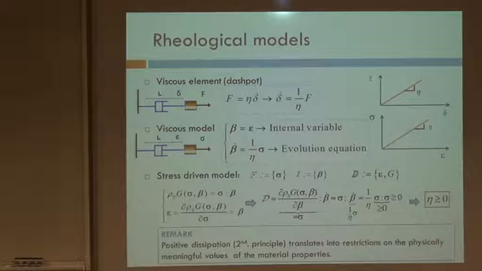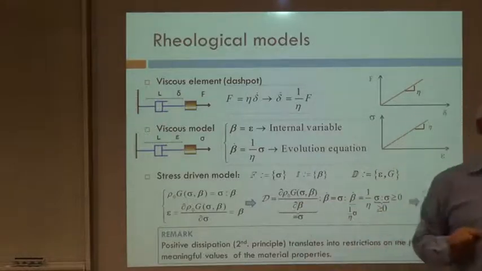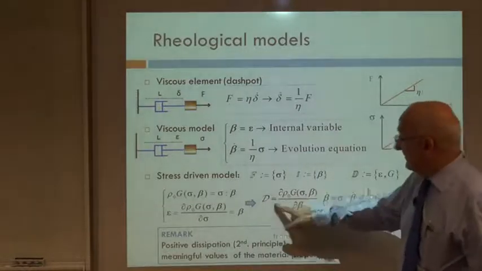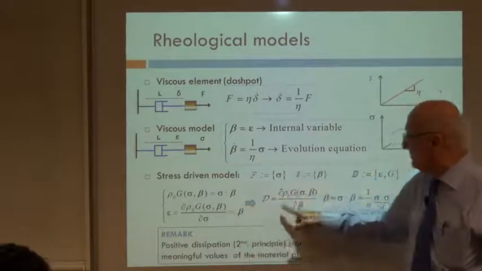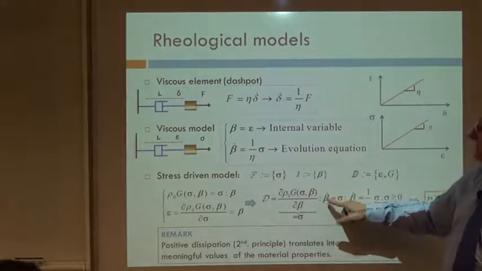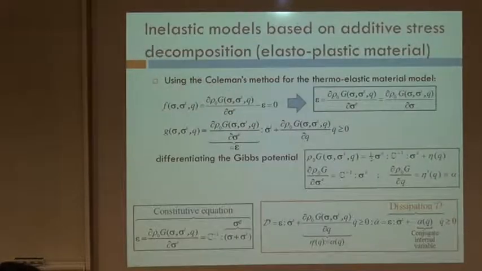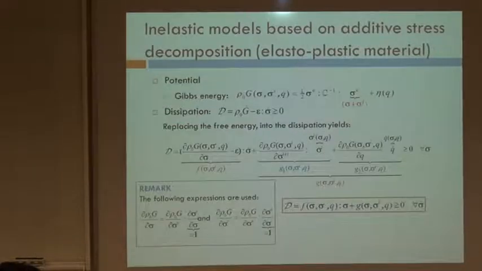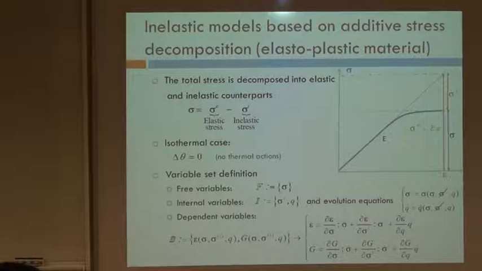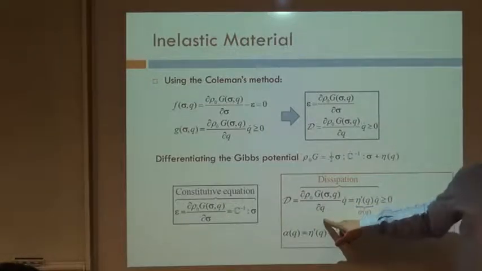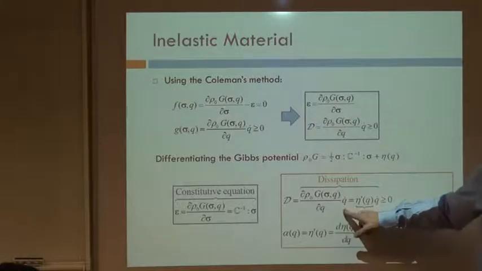By the way, what about dissipation? That's interesting to see. We know that dissipation is the derivative of the Gibbs energy with respect to beta times beta dot. The dissipation in these general internal-variable-based inelastic models is the derivative of the free energy with respect to the internal variable times the rate of the internal variable.